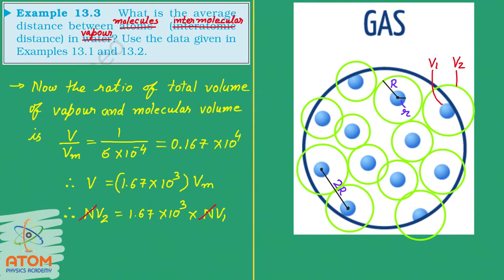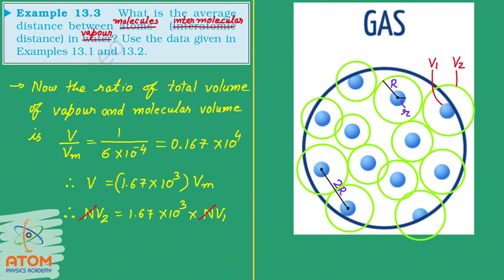Now let us say the radius of this occupation is capital R and the radius of the molecule itself is small r. I repeat, the radius of the molecule itself is small r, but the radius of the spherical volume occupied by one molecule is capital R, right? So the volume V2 can be written as 4 by 3 pi capital R cube and volume V1 can be written as 4 by 3 pi small r cube.